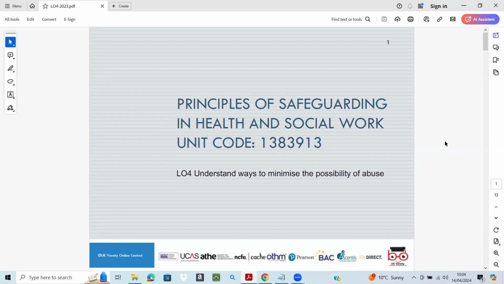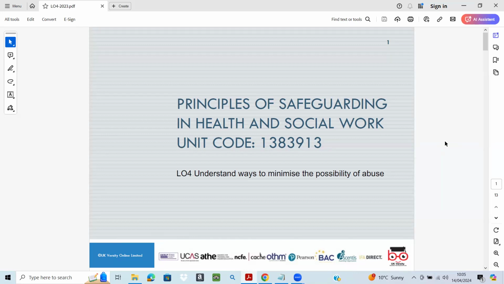The next important thing in understanding the ways to minimize the possibility of abuse is policies and procedures. What are the policies and procedures? These are the backbone of any organization's safeguarding strategy. Why is it important to have clear, well communicated policies and procedures?